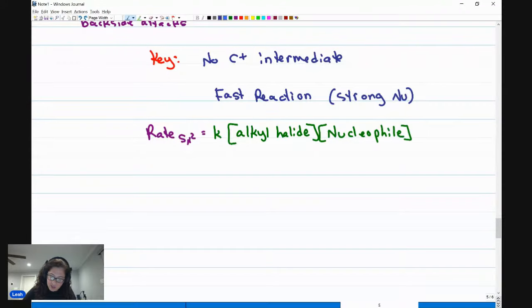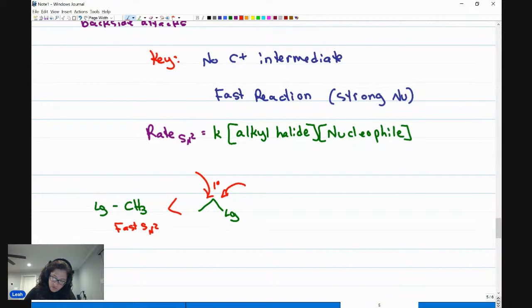Okay, so what does that actually look like in terms of something you can take away in your notes? If I have a leaving group sitting on a methyl, that is a tiny little carbon with 3 hydrogens and a leaving group, so easy to approach from any direction. That will be the fastest reaction for an SN2. If I put one other carbon on it and I make it primary, a primary leaving group is still pretty accessible because it can approach from a couple of different directions and do a backside attack.